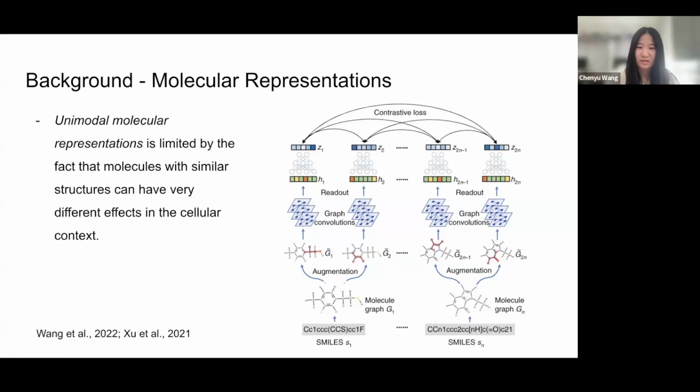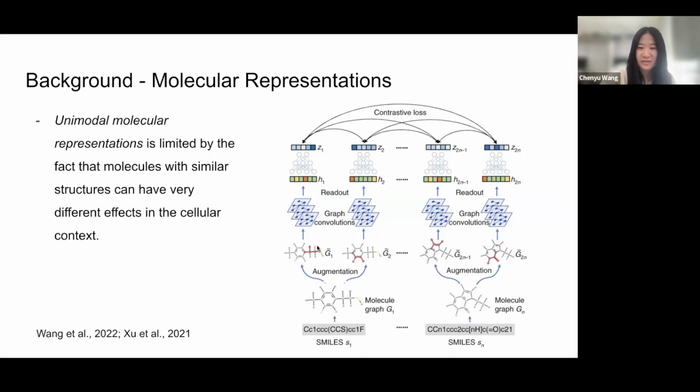Later, with machine learning and deep learning, people started learning unimodal molecular representations. For example, in these papers, they use contrastive learning based on different augmentations of the molecule graph.